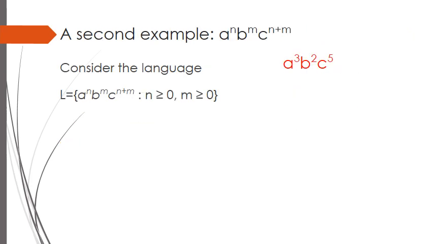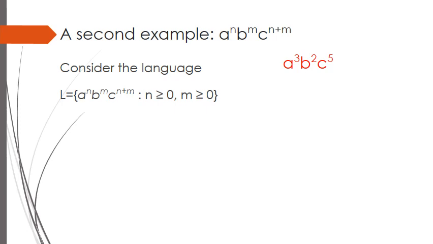This is the second example in context-free grammar. Consider the language L equals a^n b^m c^(n+m), so that n and m are greater than or equal to 0.